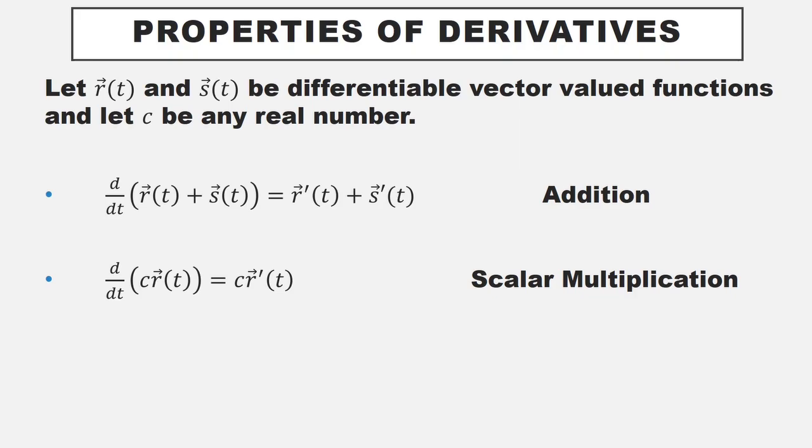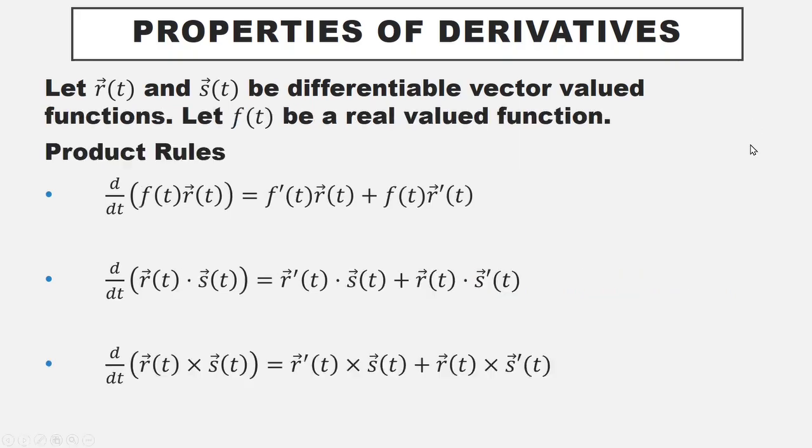So that means the derivative operator, again, this is all derivative with respect to t, because t is my variable here, the derivative operator distributes over addition, and it goes through scalar multiplication. Now, if you remember, these are basic rules we have on functions. These are our basic derivative rules on functions for real numbers.